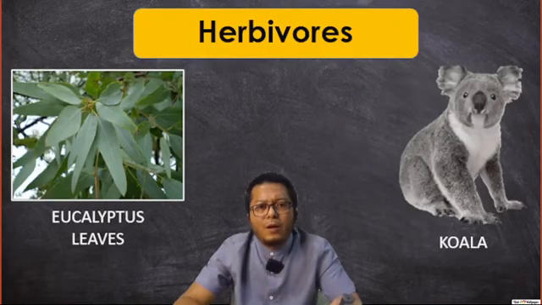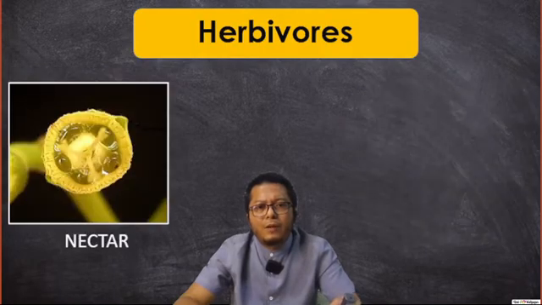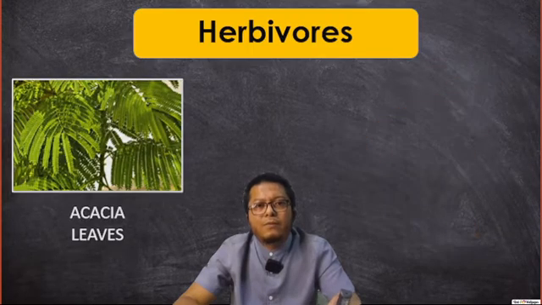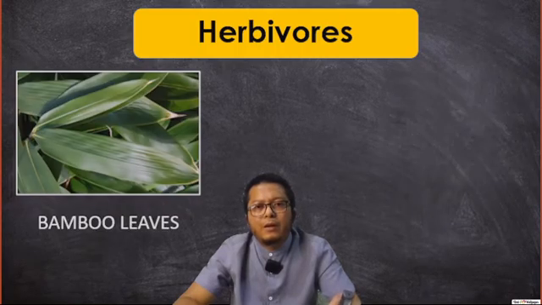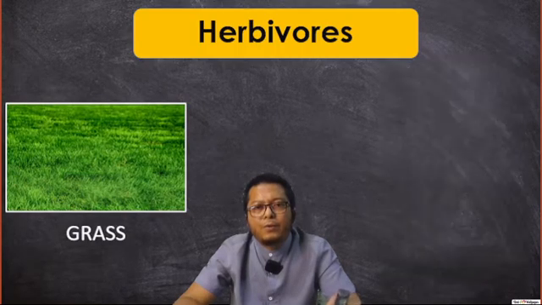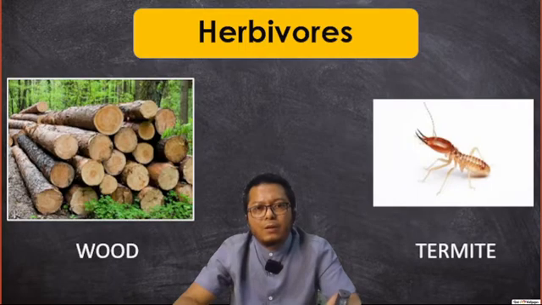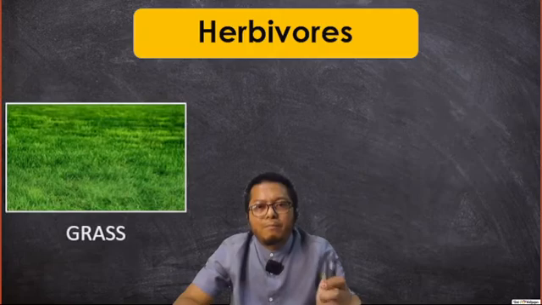So these animals, koala, hummingbird, giraffe, squirrel, panda, cow and horse, termites, they eat plants.